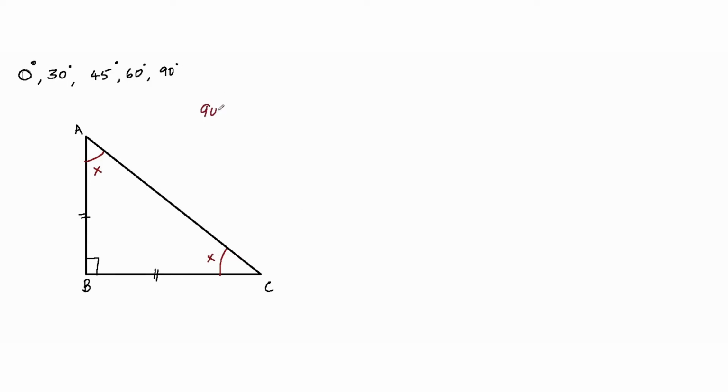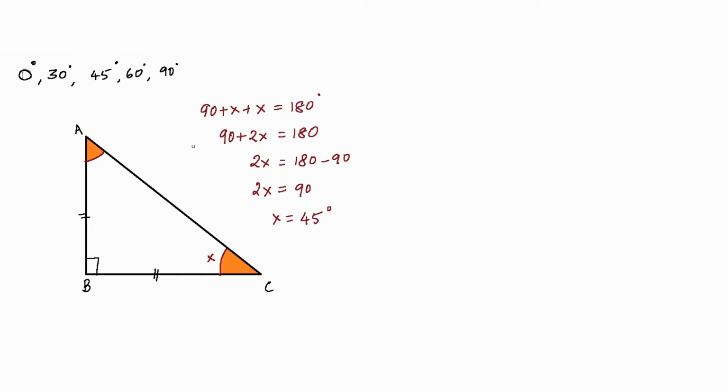So I know that 90 plus 2x is going to be 180 degrees. And therefore 2x is going to be 180 minus 90, which means 2x is going to be 90 degrees, or x is going to be 45 degrees. That means each of these base angles is going to be 45 degrees.